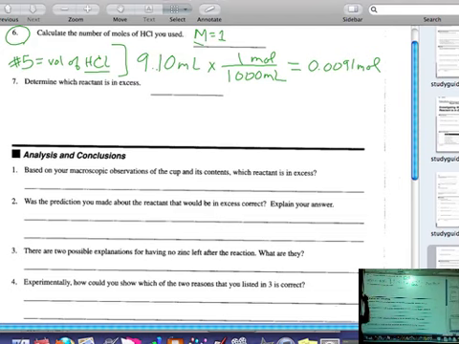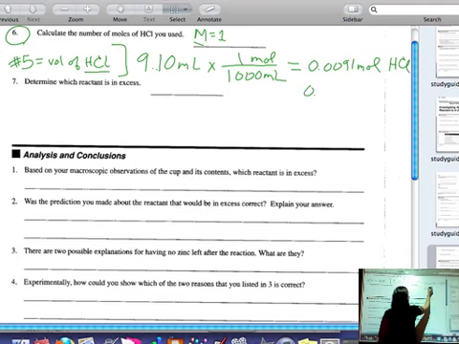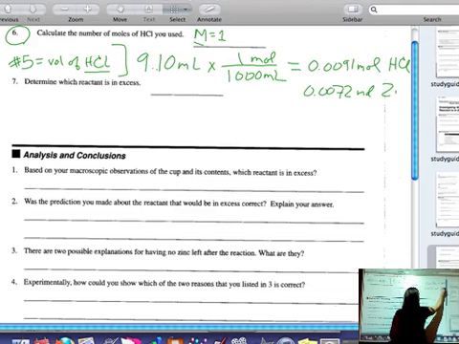Okay, and in the previous question, you figured out how many moles of zinc. I didn't do that problem out because I didn't use any data for this. So let's say I've got, and this is moles of hydrochloric acid, and let's say I've got like 0.0072 moles of zinc.